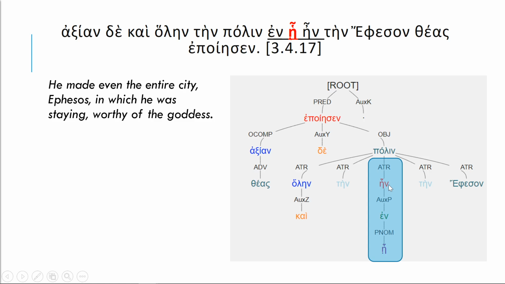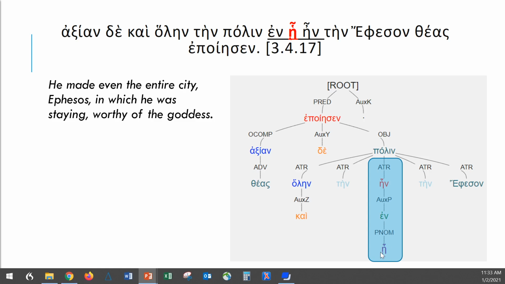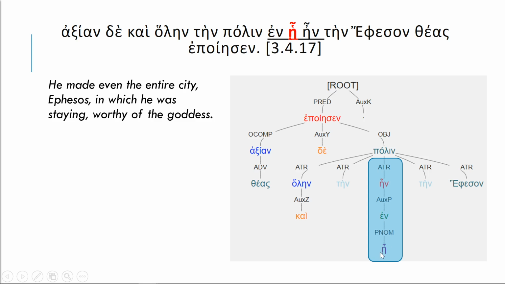En, the verb to be, it was. In whom? In which? Because the antecedent, we can see from the pronoun, is feminine singular, which means it modifies polis. So the city in which he was, so in which he was staying, he was in which would be the full sentence if we had it written out as a main clause.